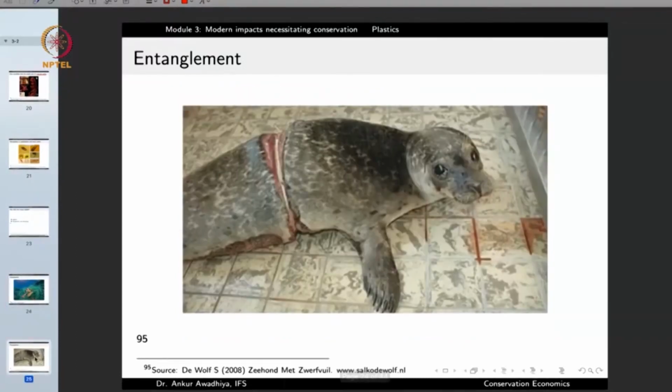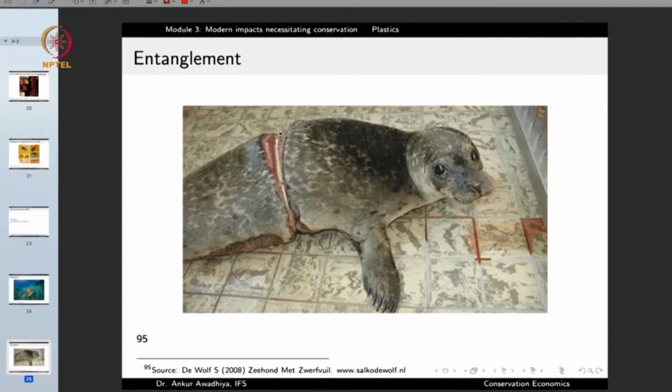Another way is the example of the seal. What happened was that this seal, when it was a small pup, got entangled with this piece of plastic. Plastics are very strong substances. This seal was unable to take it out. And then, when this seal started to grow in size, the plastic started to cut into its body.